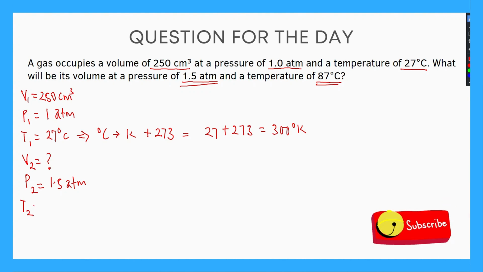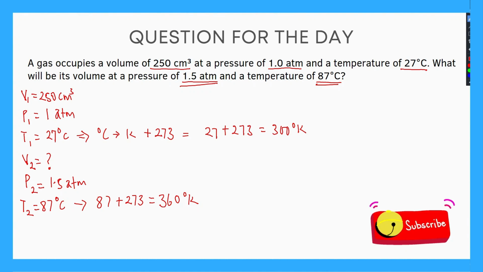So T2 is equal to 87 degrees Celsius. Of course, we have to convert this as well to degree Kelvin. To do that, we simply say 87 plus 273. So if we punch our calculators real quick, that gives us a figure of 360 degree Kelvin.